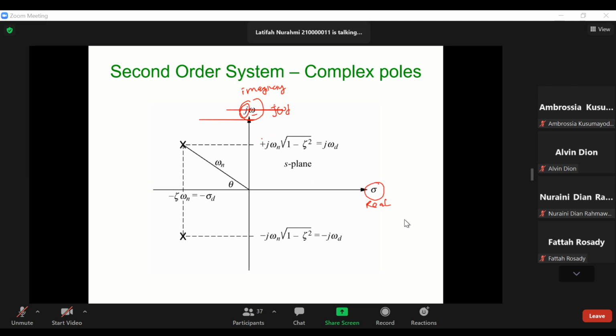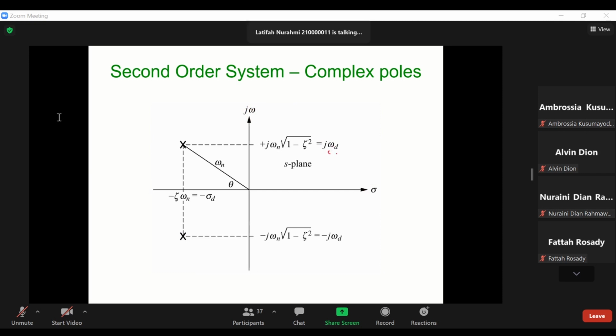So the way we find the value is equal to this. So here is our j omega.